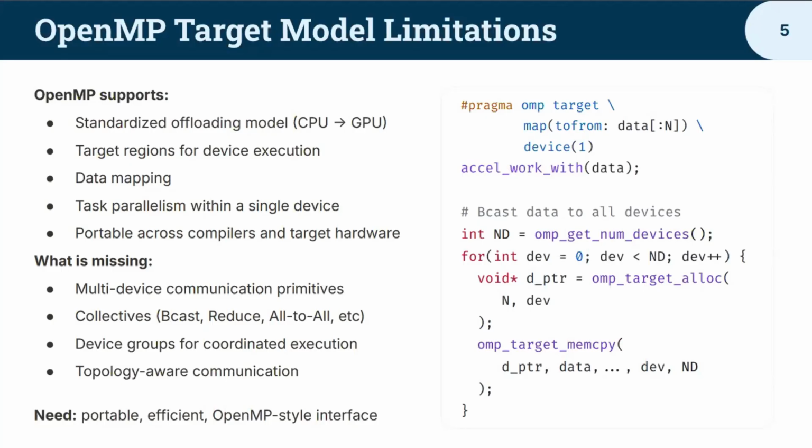Here's one example of a pragma target. We are specifying that the whole array data is going to be copied to the device, in this case device one, which is going to run this kernel and then move that data back to the host. That exists right now and it works, and it's a portable way to map this kind of kernel to the accelerator.